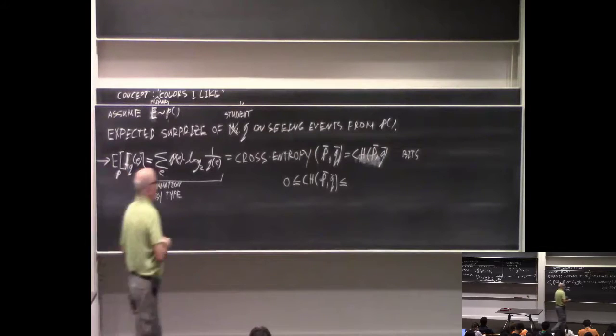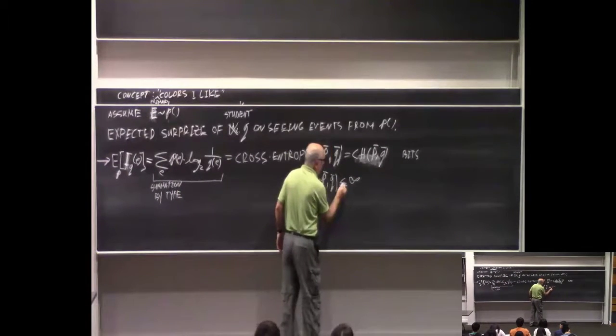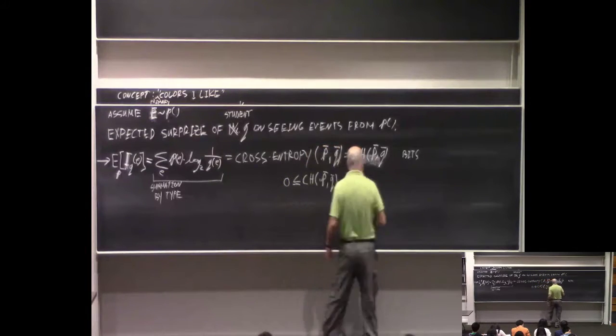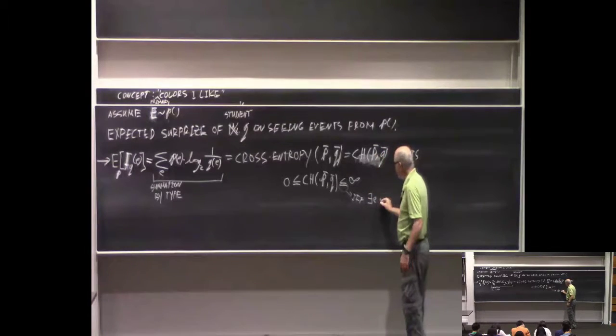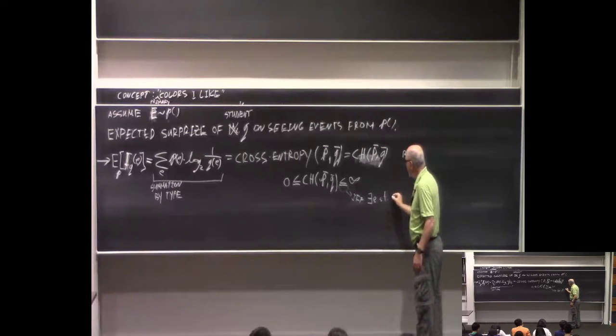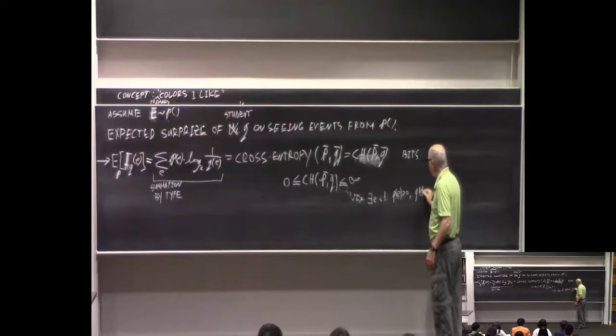Okay, the answer is yes, it could be infinity. And that would happen if and only if there exists some E such that, being mathematical here, P of E is greater than 0 and Q of E is 0.